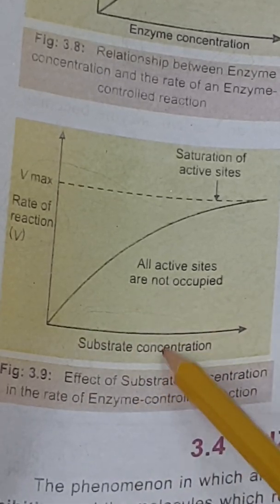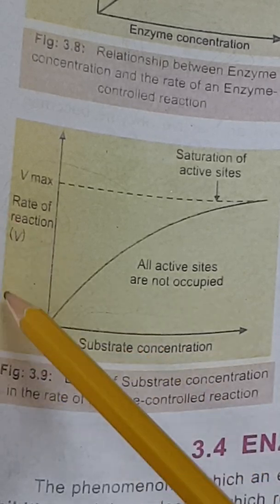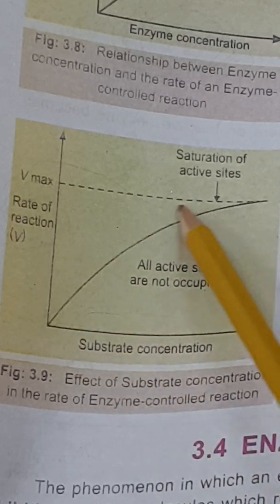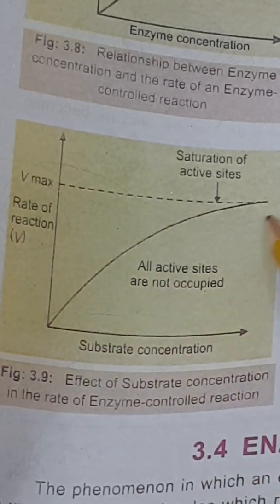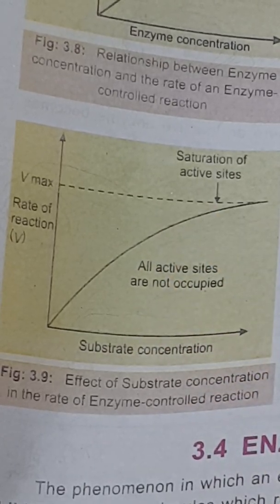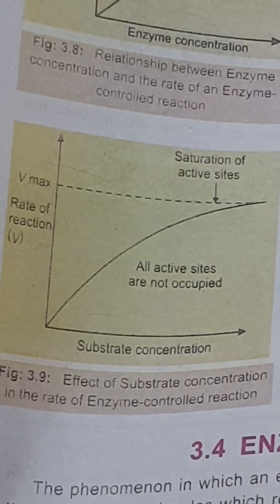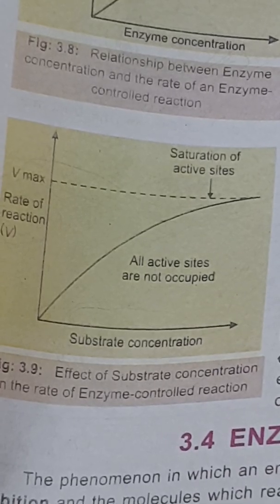When we add more substrate and no active sites are available, there will be no change in the chemical reaction, and this is shown by the graph. So all these are the factors which affect the enzyme activity or the rate of reaction which enzymes accelerate or catalyze.